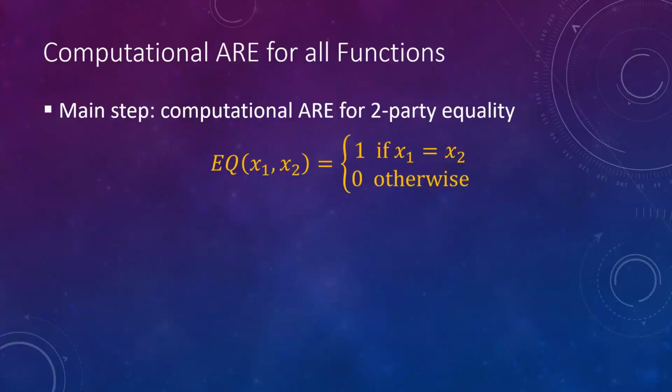So the next thing that I want to show you is that every function has a computational ARE, assuming a DDH-like assumption. And the main step in this is showing that this function has an additively randomized encoding: the equality function. 2 parties, 2 inputs. What you want is to compute whether or not they're equal. The value of the function is 1 if they are equal and 0 otherwise.